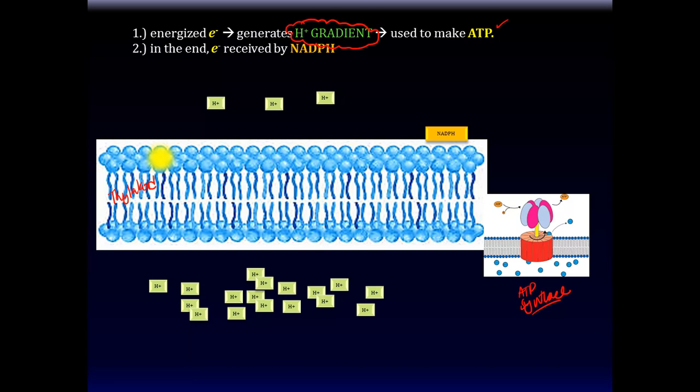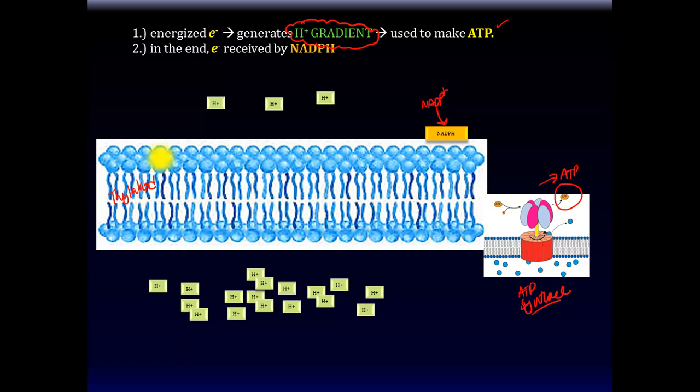ATP synthase uses the gradient to make ATP. And finally, this high energy electron, as it's doing this and bringing hydrogen here, is accepted by NADP to create NADPH. So the electron goes here to make that.